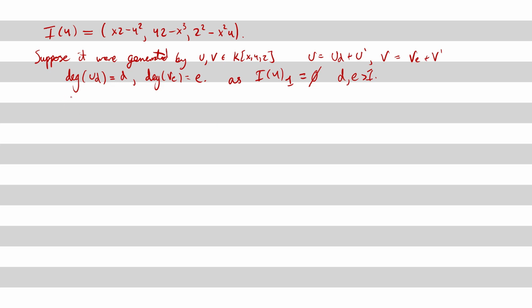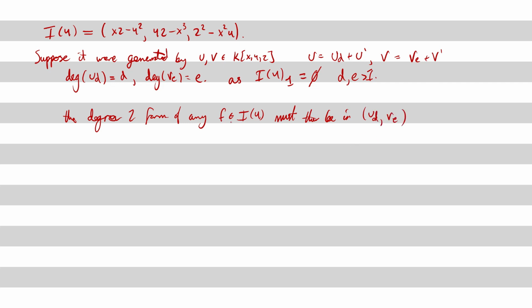Now, here is where my notes become patchy. The degree 2 form of any element of I of y must then be in UD, VE.